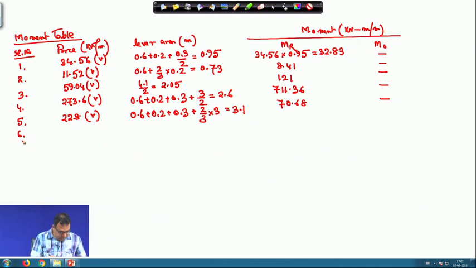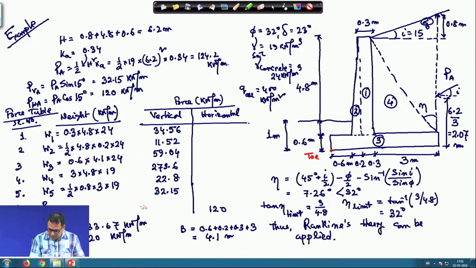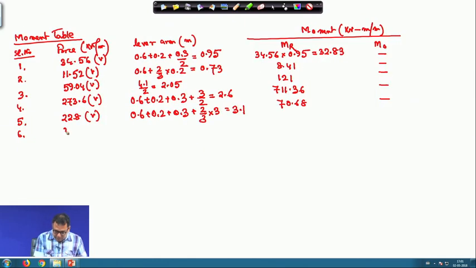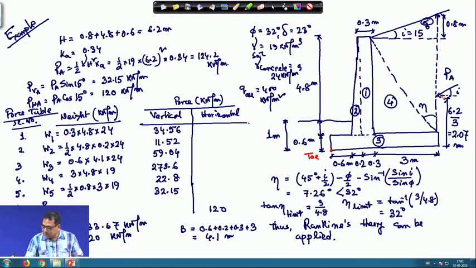Then the sixth part, the force is PVA, 32.15. This is also vertical, and the lever arm is, so this will act at a height of 2.07 from the base, and at this face it is 4.1 from the toe.